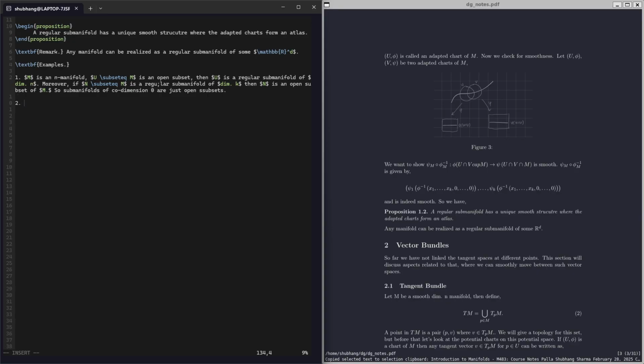Next example would be R^k cross 0 as a subset of R^n, where 0 is in R^(n minus k).